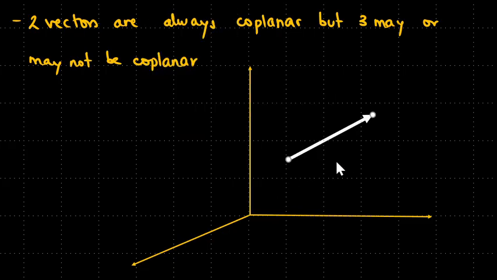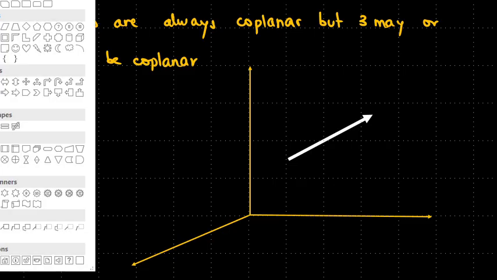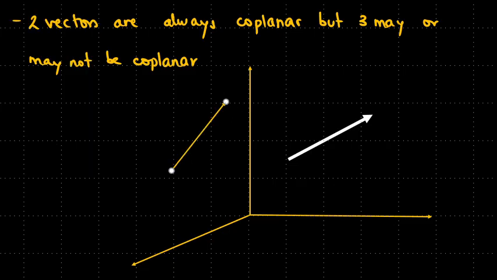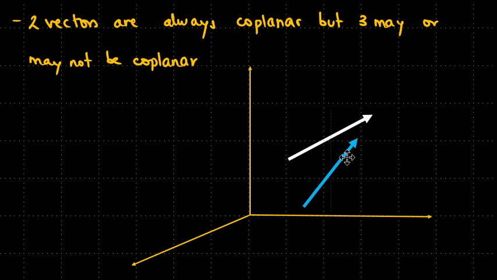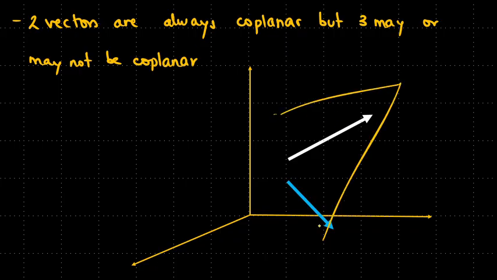If I add any other vector, let's make another vector. Let's take this vector and format it so that it's blue and it's like this, not that, like this. If I kept the vector like this, I can always make a plane that passes through this. So the plane might be like this.